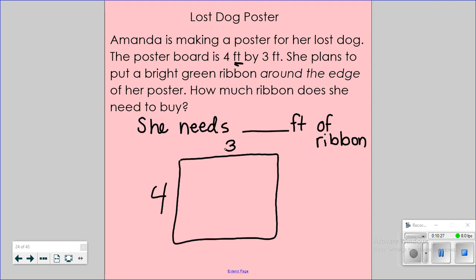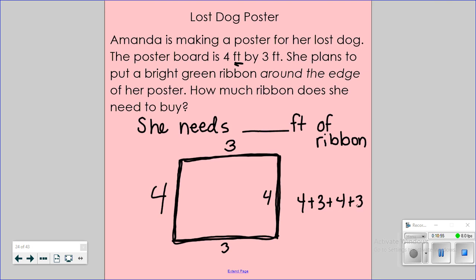All right, so let's do that. We're going to start at 4. Here's my first side. Here's my next side. What is that side going to be worth? 4. So let's add that to my equation. And then our bottom is going to be worth what? 3. So I'm going to add that to my equation.